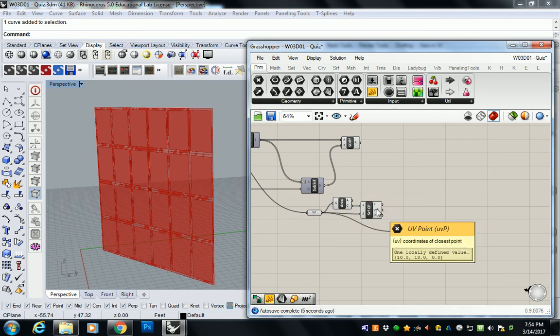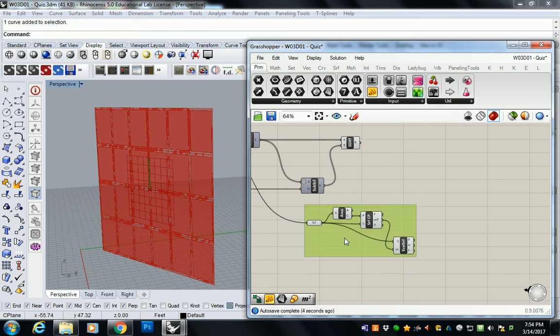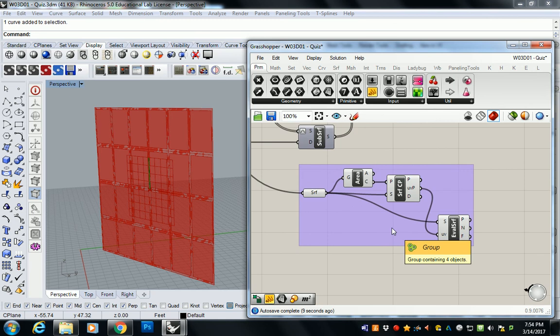And then the UVP output is going to plug into UV of evaluate surface. This, you need to remember. So what does that do? That gets you a vector for you to use.